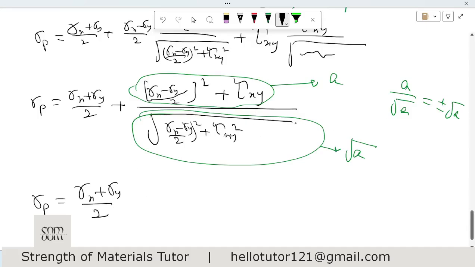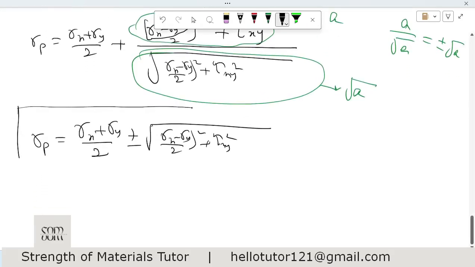And it is, what is a? A is this. a divided by square root of a is plus minus, right, under root of a. What is square root of a? Square root of a is this, divided by 2 whole square plus tau xy whole square.